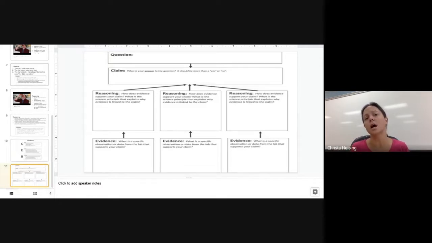And so you'll see a worksheet similar to this. When you're answering these questions, you'll see what is the question, what claim, and on this one you have the reasoning in the middle and the evidence in the bottom. Those 2 places, it really doesn't matter which order they go because they're all funneling into that claim.